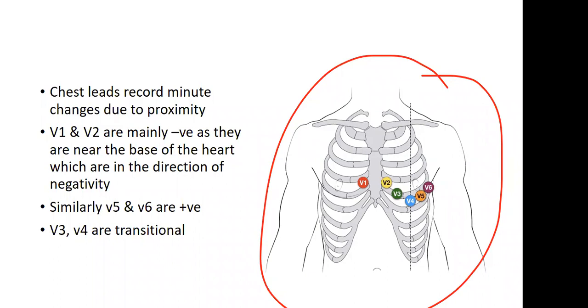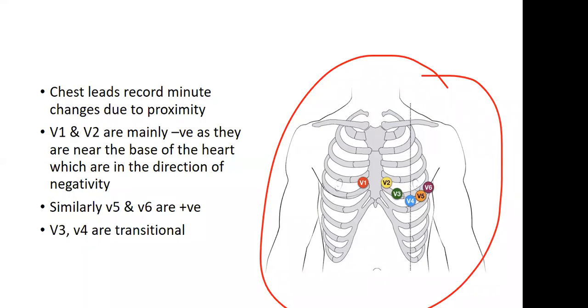Now coming back to V5, it is the same 5th intercostal space, but in the anterior axillary line. By now, you should be familiar with the axillary lines, anterior, middle, and posterior, through your anatomy. So V5 will be in the anterior axillary line, and V6 will be in the mid axillary line in the same 5th intercostal space.